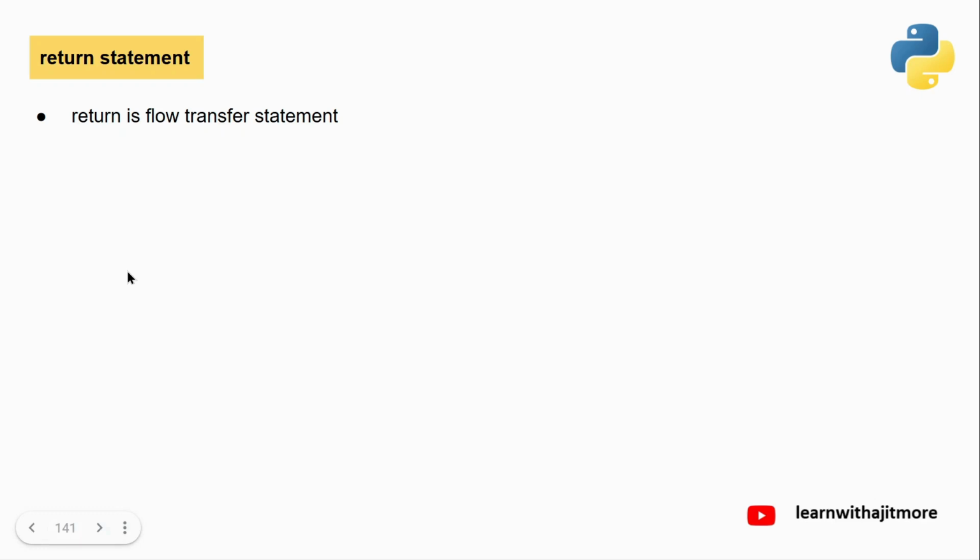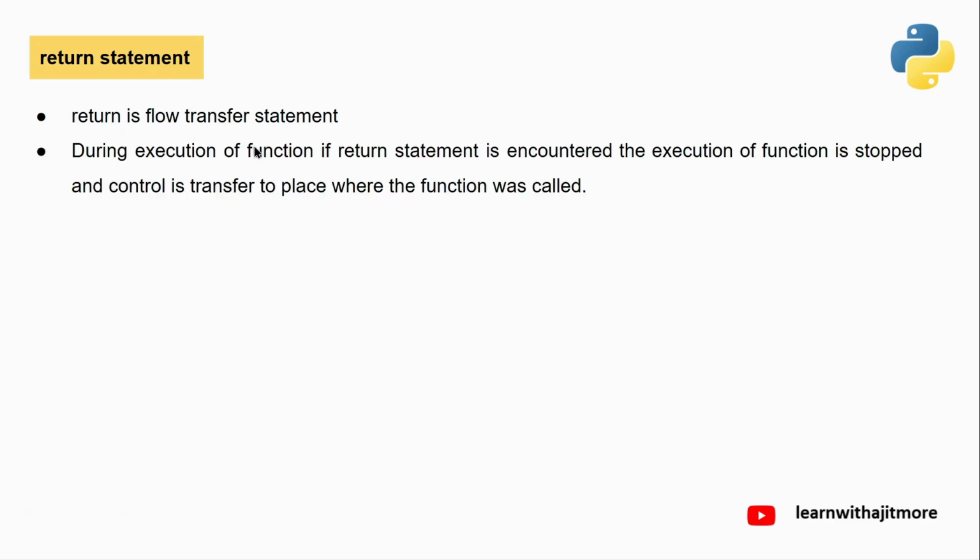Execution of the procedure is stopped. Getting? See, during execution of function in the function body, if return statement is encountered, the execution of function is stopped and the control is transferred to the place where function was called. ठीक है? Execution is stopped and the control goes back to the place wherever function is called.